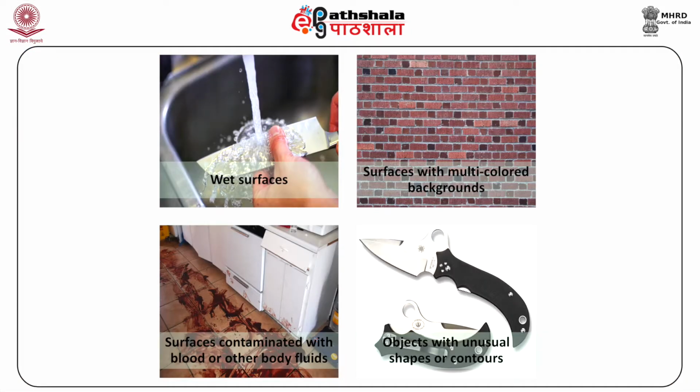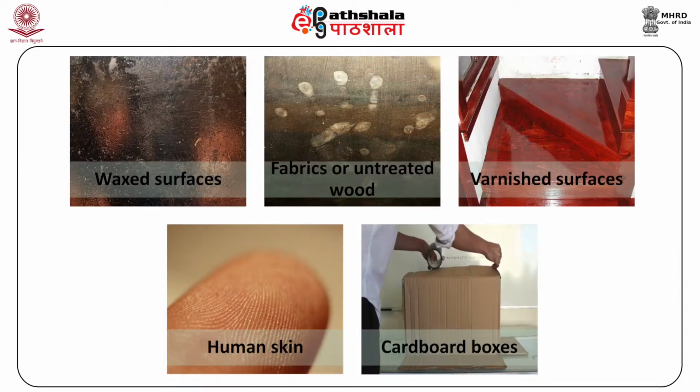The latent prints can be deposited on objects or surfaces with unique characteristics, such as a wet surface, surfaces with multicolored backgrounds, surfaces contaminated with blood or body fluids, objects with unusual shapes or contours, or the surface texture. Then we have waxed surfaces.